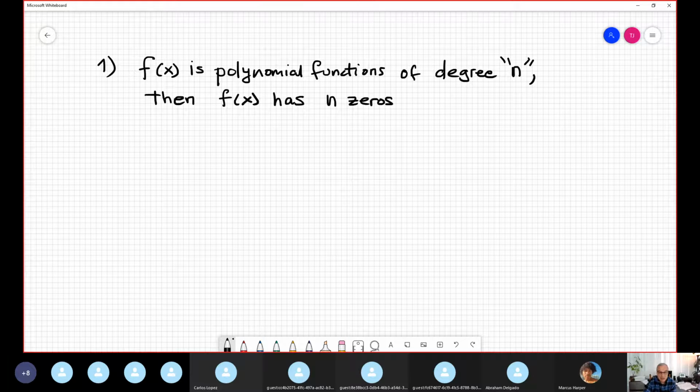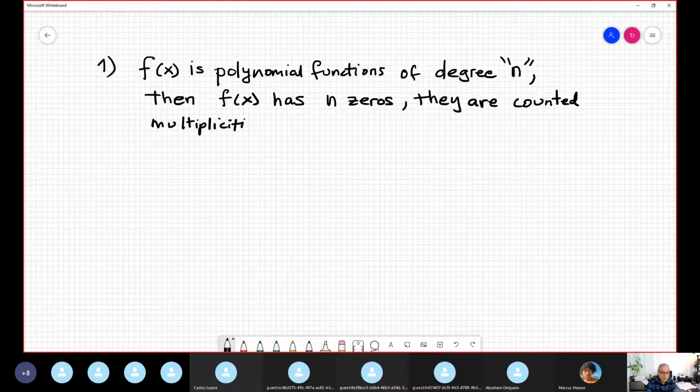And what does n zeros mean? It means you can count them. They are counted with multiplicity, of course. And complex.